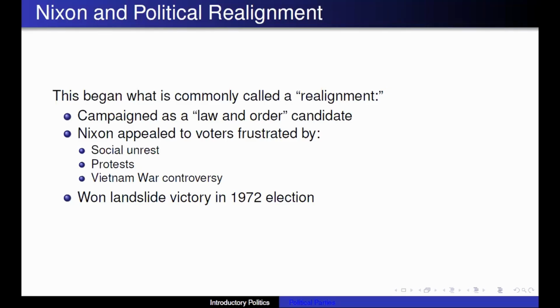Why the realignment? Nixon ended up campaigning as a law and order candidate. He presented himself as a voice for Americans who were frustrated by lots of protest and social unrest in major cities, the Vietnam War, and all of the controversy that surrounded that.